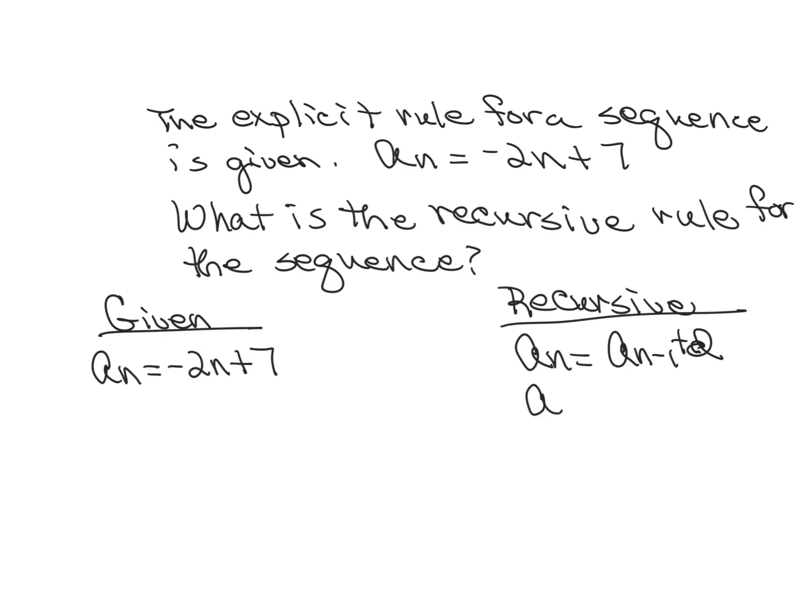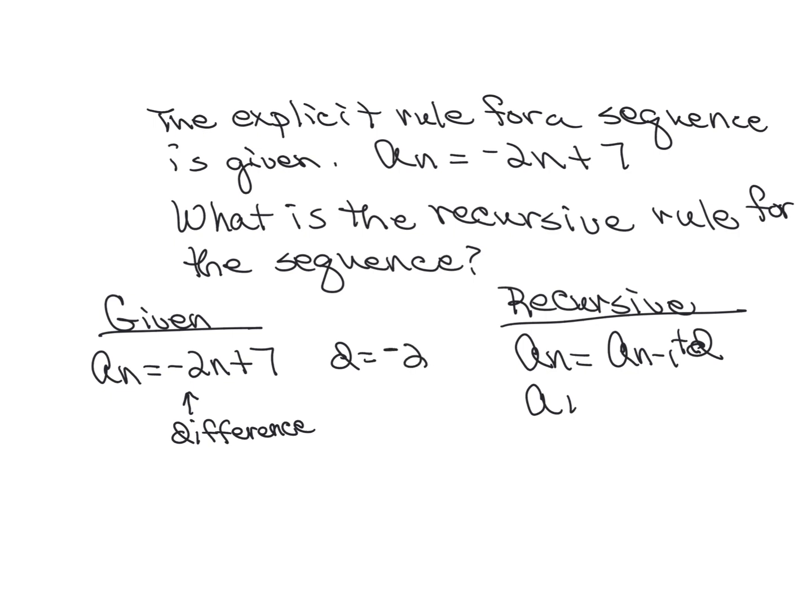And I have to know the value of a sub 1. So the first thing that I'm going to do is find d in this particular sequence. Remember from the previous slide that if you were given an explicit rule, the number in front of the variable n is always going to be the difference. Okay, so that means in this particular problem that d has a value of negative 2.